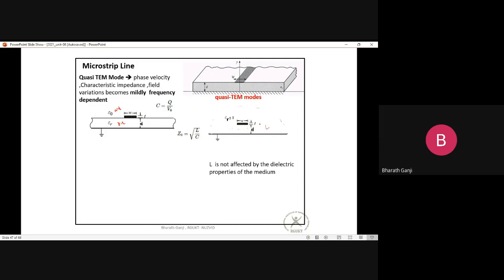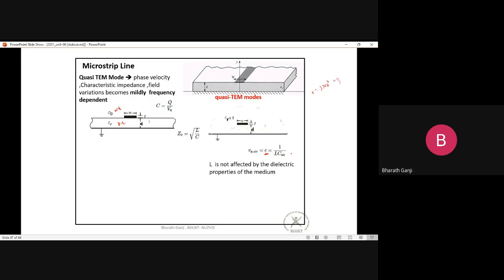So instead of calculating the inductance per unit length here, I will calculate the inductance per unit length in this scenario. In this scenario the phase velocity is nothing but c, because everywhere it is air; a wave propagating here should have a phase velocity exactly equal to c, where c is 3 times 10 to the power 8 meters per second.